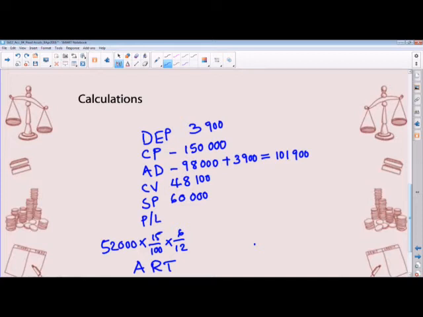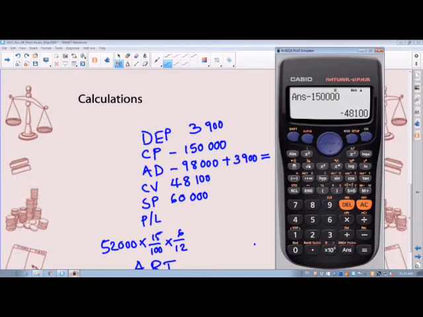Why a profit? Because my selling price is greater than my carrying value, and therefore, take your selling price now of 60,000 minus your carrying value of 48,100 to give you a profit of 11,900.